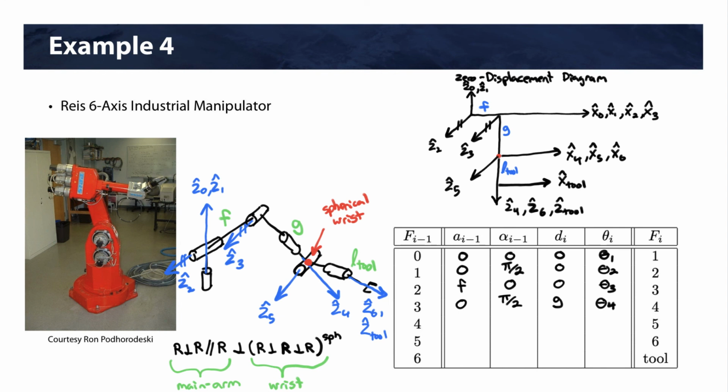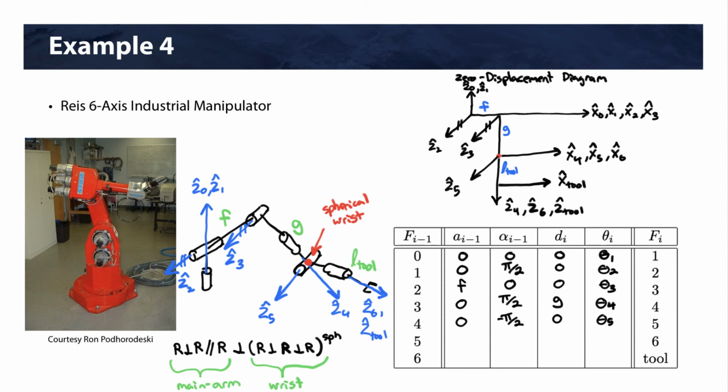Now, joints 4, 5, and 6 all intersect. So then we know A is going to be 0. Z4 to get to Z5, we're going to have to do a minus pi over 2 rotation, minus 90 degrees. And again, they intersect at a point, so this is going to be 0. And we have theta 5.